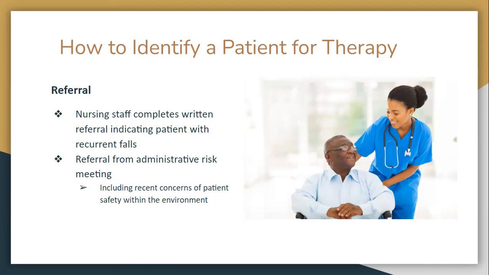So it could be either from her unit nurse or an aide that works with the patient. And on this referral, they are indicating that there has been a change in the patient's functional status. In the case of Velma, we were told that she was having increased falls. She was also having increased confusion and impulsive behaviors.